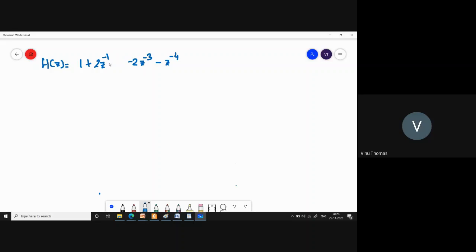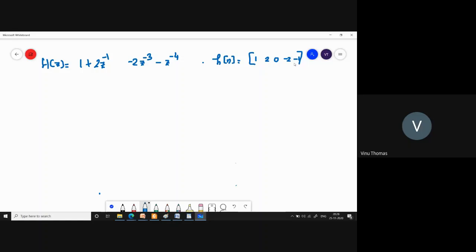So this is my filter. H of z is equal to 1 plus 2z raised to minus 1 minus 2z raised to minus 3 minus z raised to minus 4, which I can write as H of n given by 1, 2, 0, minus 2, minus 1.